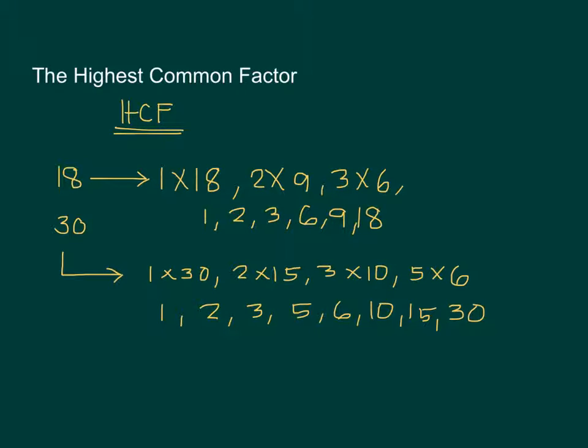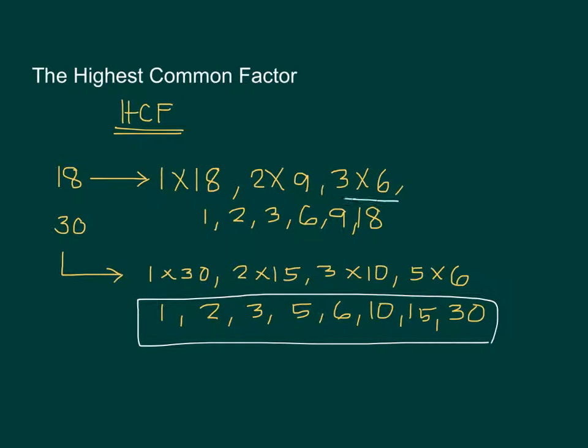So to find the highest common factor, as the name suggests, you look for the highest, the biggest, and also common factor, meaning shared by the two numbers. If I inspect the factors of 30 and 18, they have some in common.